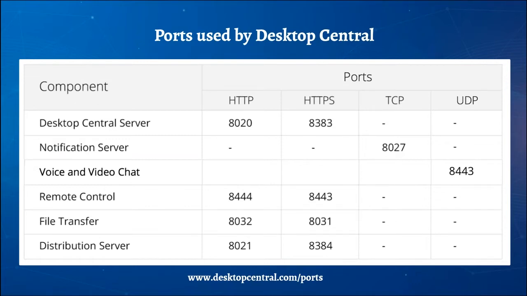Agent-server communication happens on port 8020, and server-to-agent notification happens on port 8027, which is TCP. And agent-server communication can also happen securely using port 8383. To know more about these ports, you can visit the link below, desktopcentral.com ports.